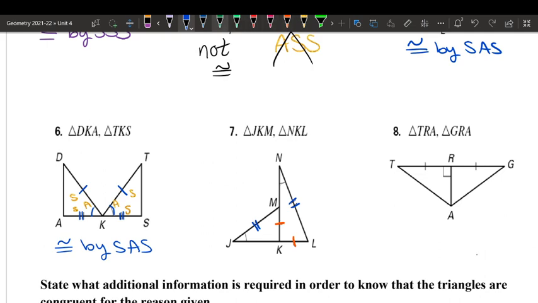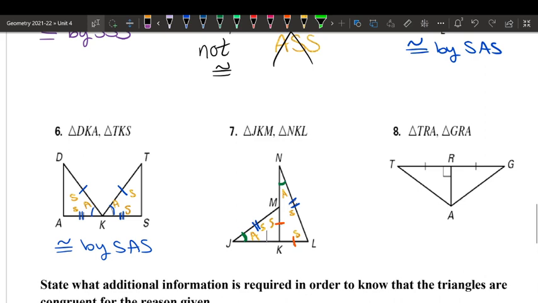And let's do green. There's an angle, and there's an angle. So now let's see if they make up an order that is a postulate. There's an angle, a side, and a side. So this would be the ASS postulate or the SSA postulate.